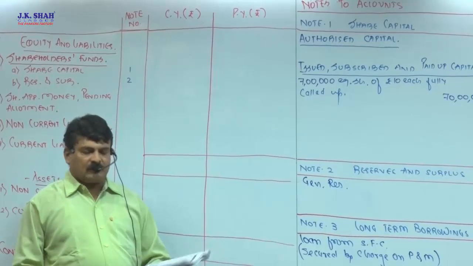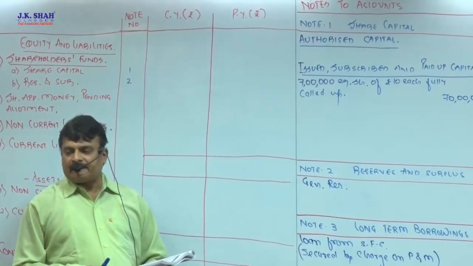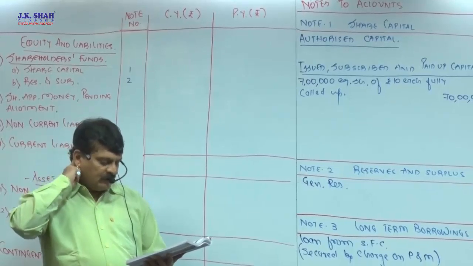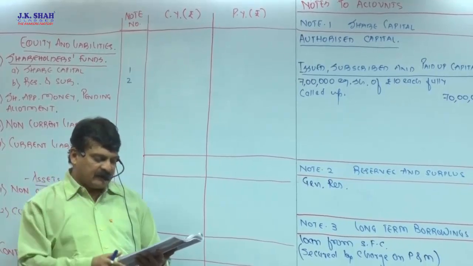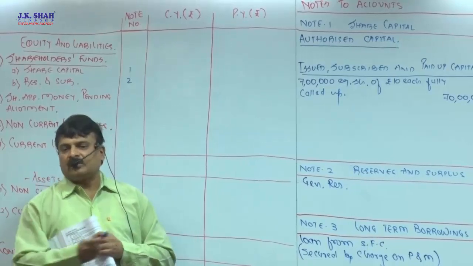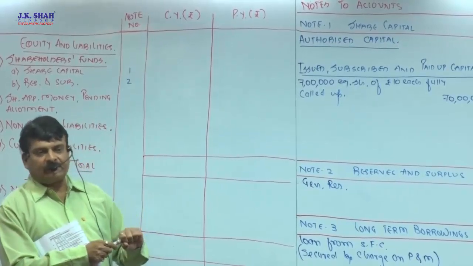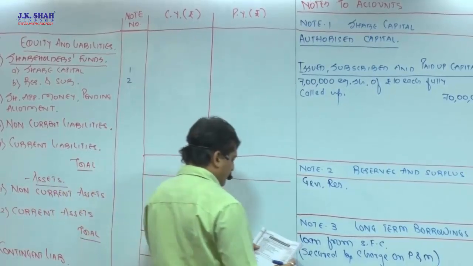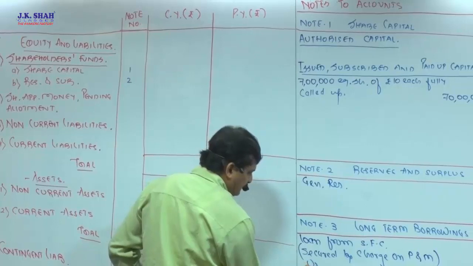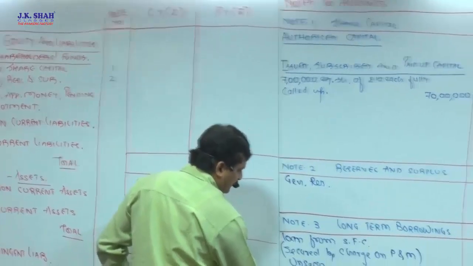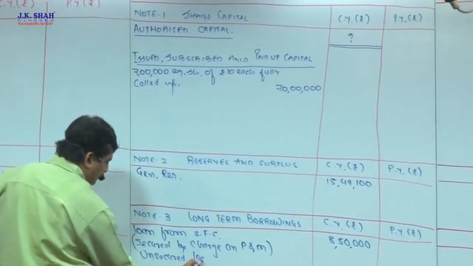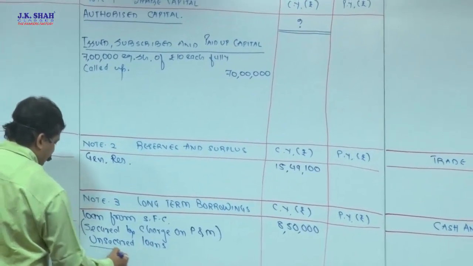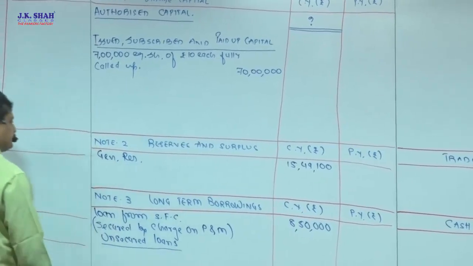Look at your point number 5. Adjustment 5. Unsecured loan includes 2 lakh from a bank and 1 lakh from related parties. Again, a disclosure requirement. Write down. Long-term borrowings. Unsecured loans, underline.